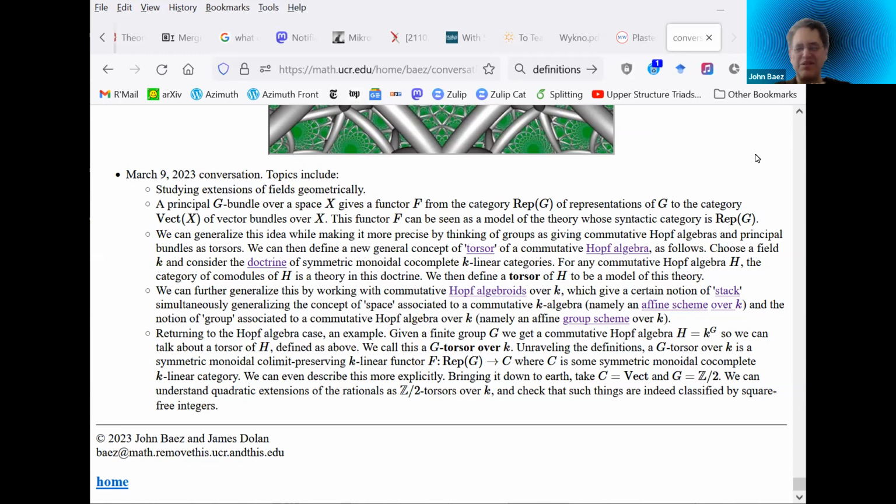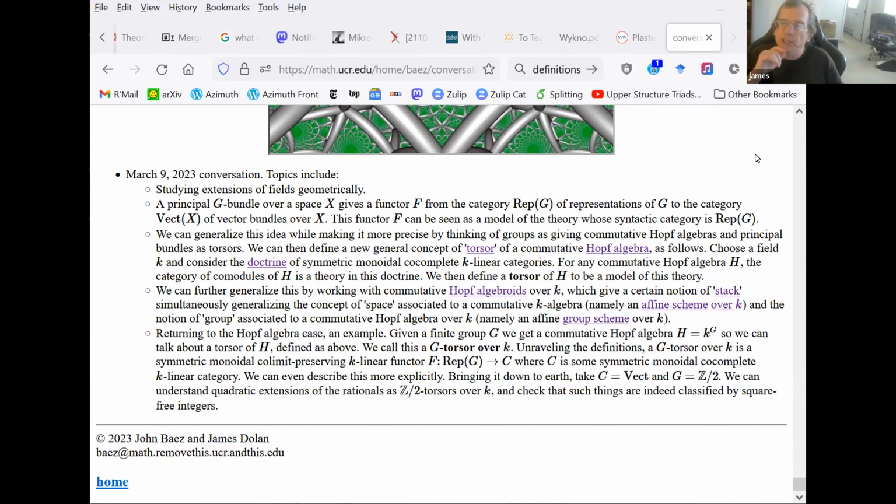Let's see, is it a Z mod 2 graded vector space or is it a vector space with an action of Z mod 2? Is that right? Well, I know those are the same thing. So it seems like it's a Z mod 2 graded vector space. Oh, not just that though, right? Yeah, sorry.